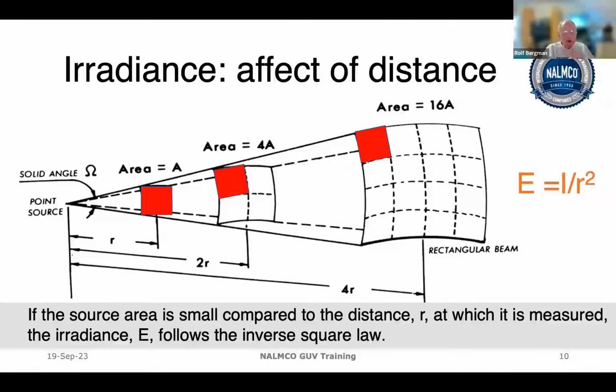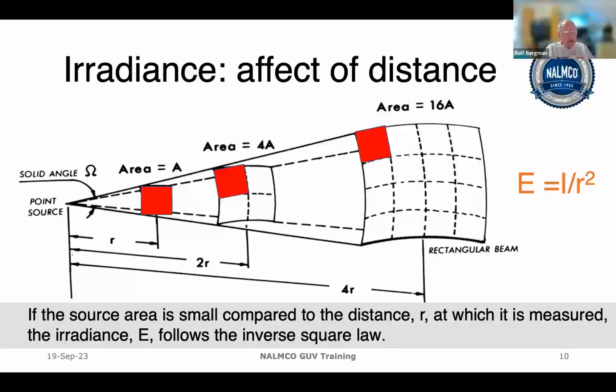So if I'm twice as far away, I'll get 4 times the area. And if I go 4 times as far away, I get 16 times the area. This leads to an equation that says the irradiance is equal to the intensity divided by the distance squared. In other words, the irradiance follows the inverse square law.